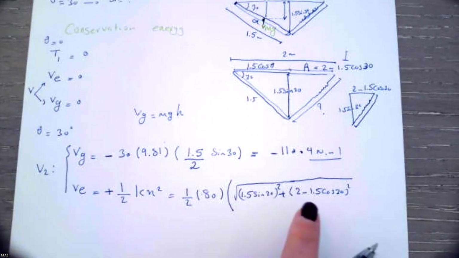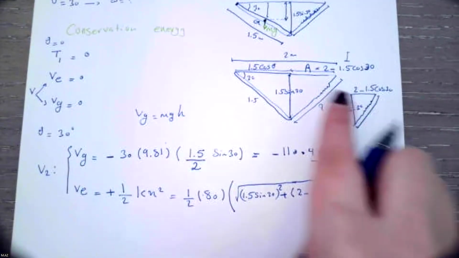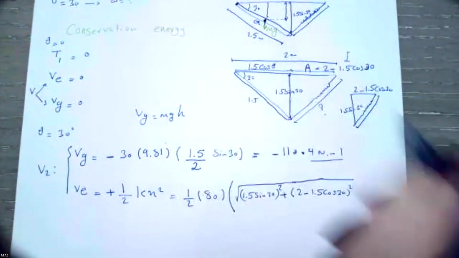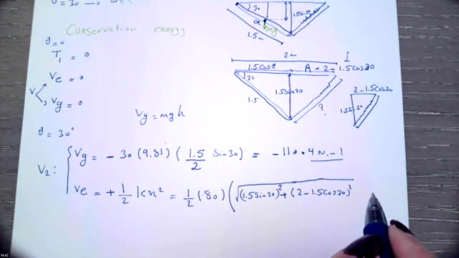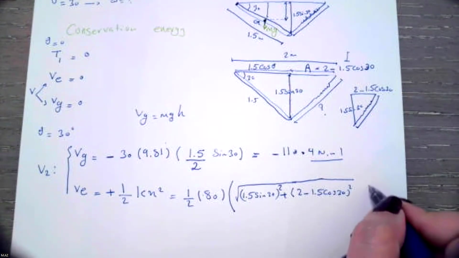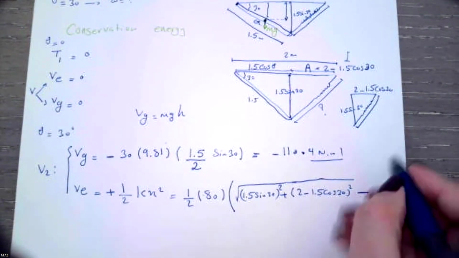This is the length of the spring at theta equal to 30 degrees. But the problem gives us the unstretched length of the spring, so we should subtract it from this value.